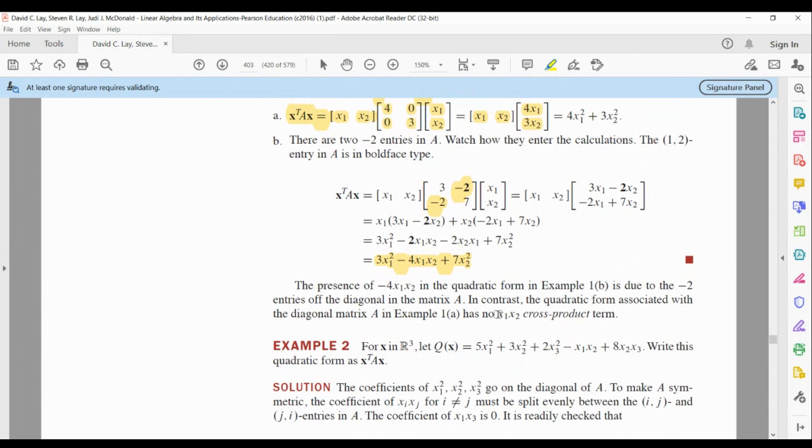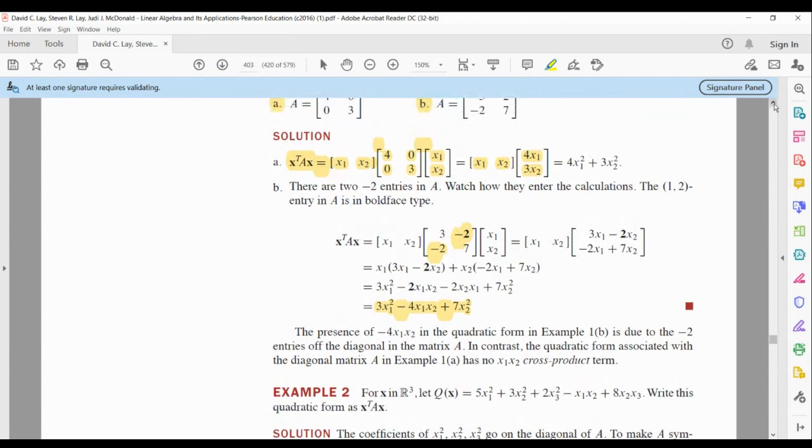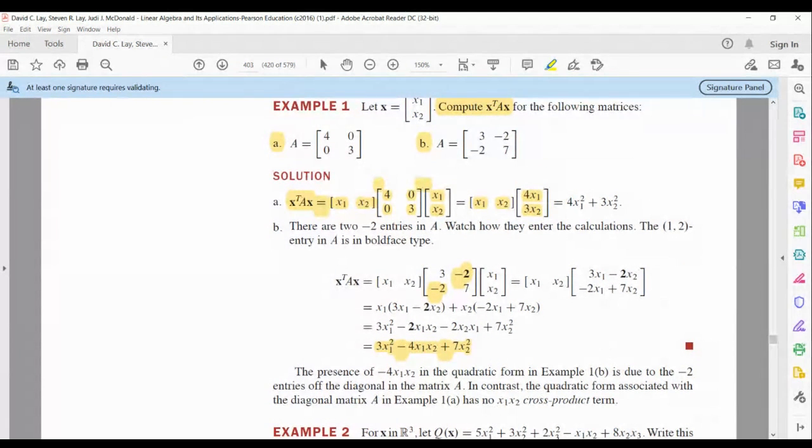They also note here that if you look at these quadratic forms, for part A of example 1, the matrix A had off diagonal entries that were both 0, and the quadratic form was 4x1 squared plus 3x2 squared.